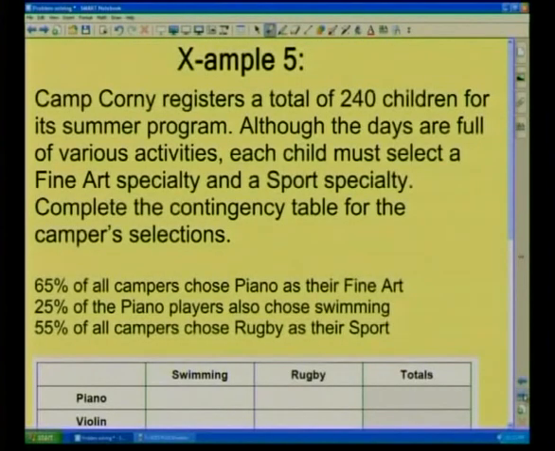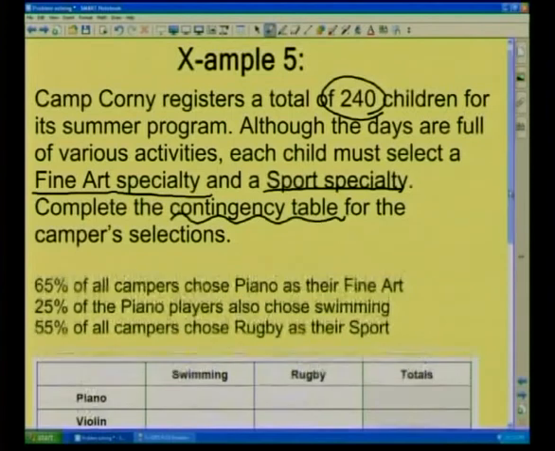Example 5. Camp Corny registers a total of 240 children for a summer program, and although the days are full of various activities, each child must select a fine arts speciality and a sport speciality. Complete the contingency table for the campus selections.